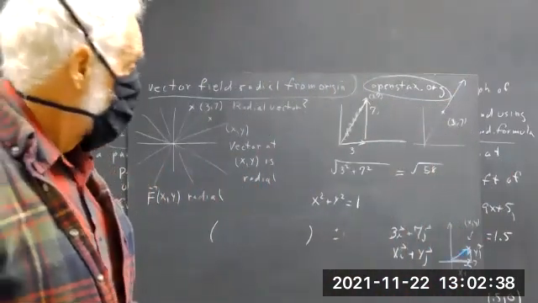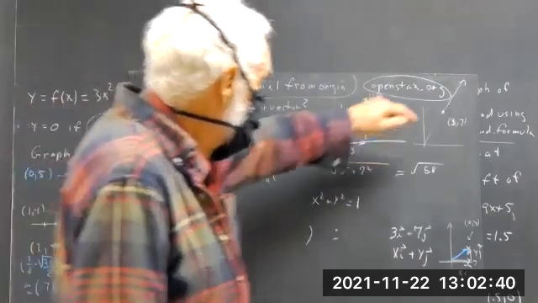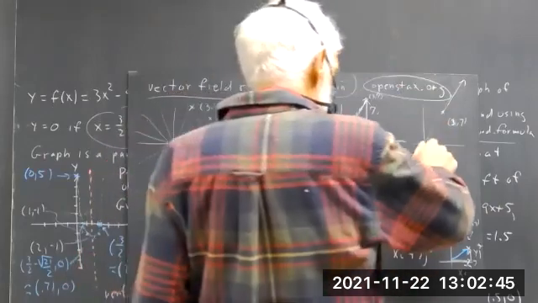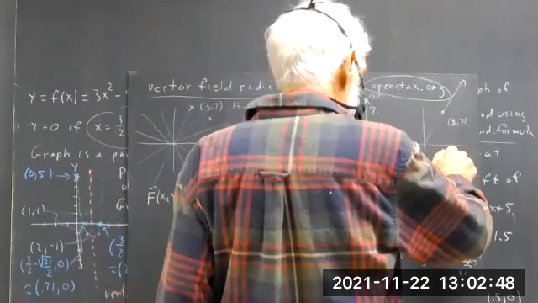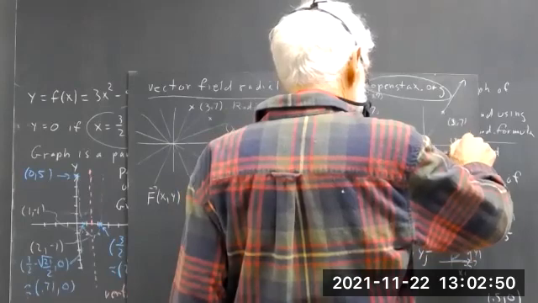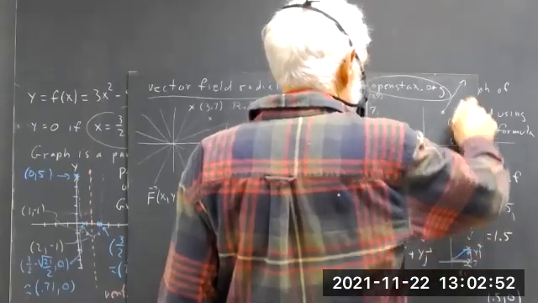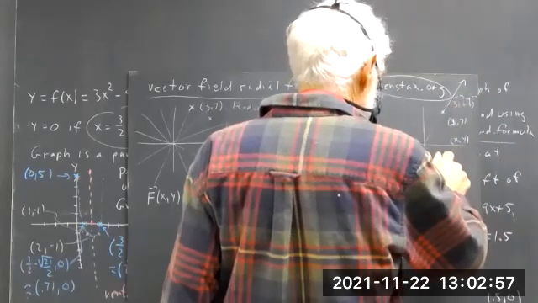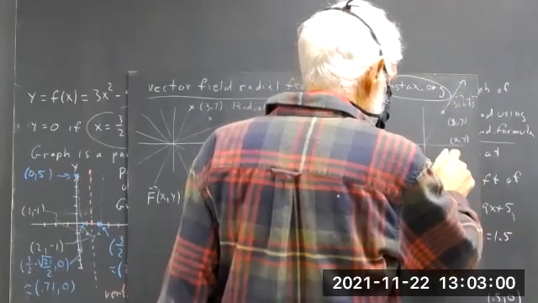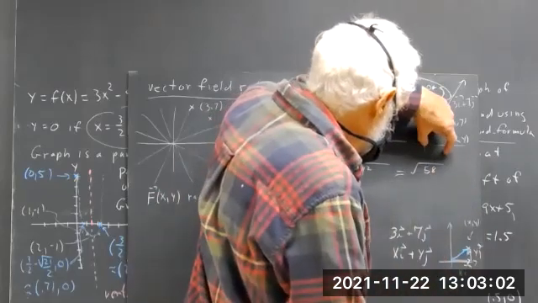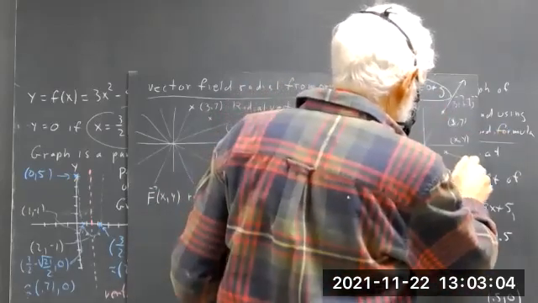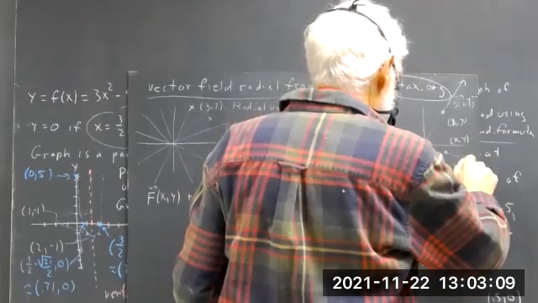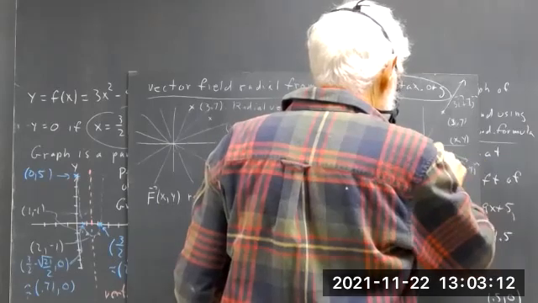So there is the vector 3, 7 at the point 3, 7, right? And we could have the vector at x, y pointing directly away from the origin. There's xi plus yj.